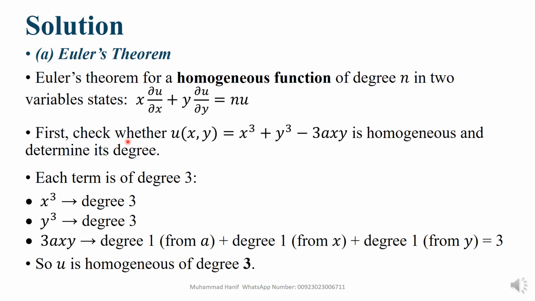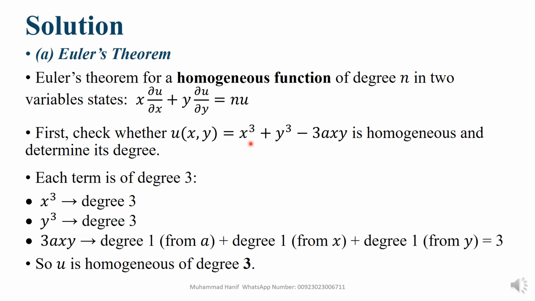First check whether u(x, y) = x³ + y³ − 3axy is homogeneous and determine its degree. Now each term is of degree 3.